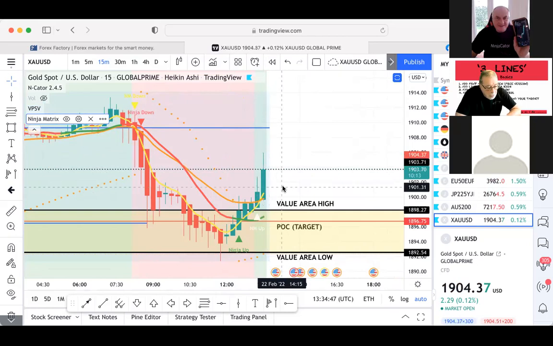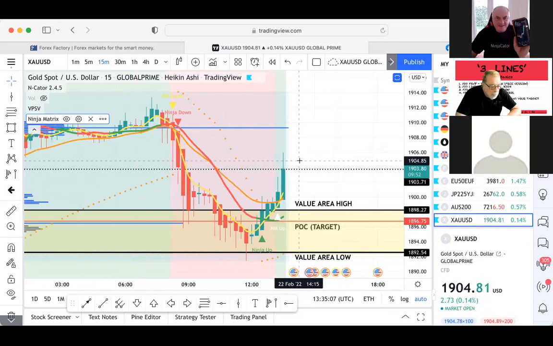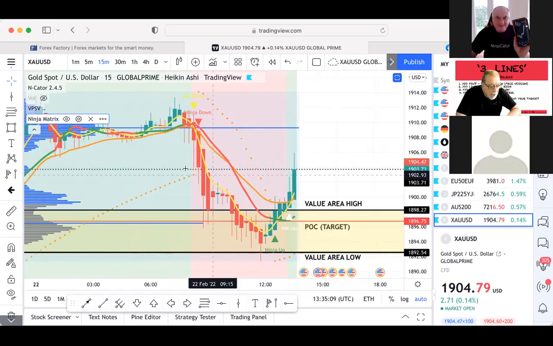Now, I've ticked all those boxes, and the only reason I'm not getting into this trade right now is because price has hit a point of resistance. It wicked above it, and then it came back. And that tells me that whenever that line was drawn from, I would need to go back and check.